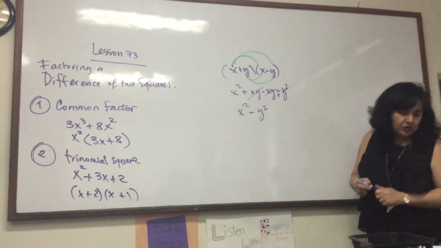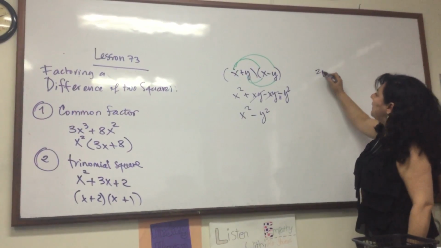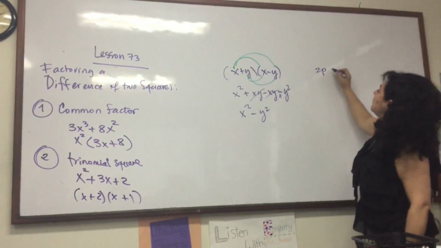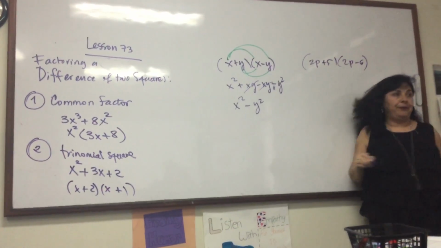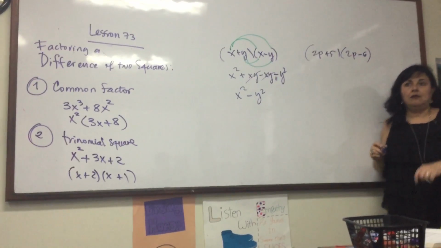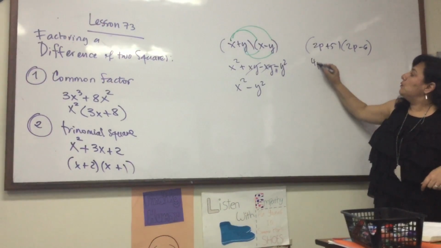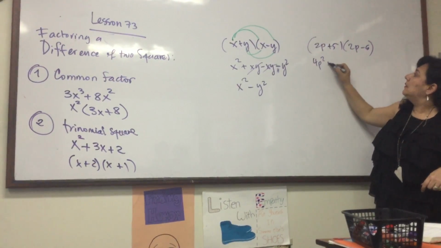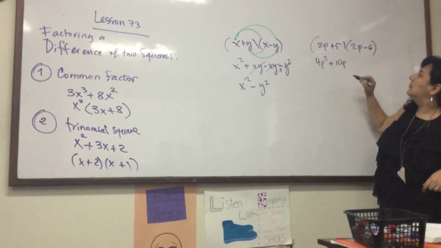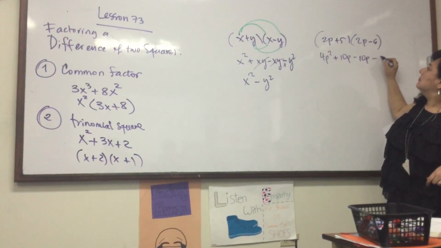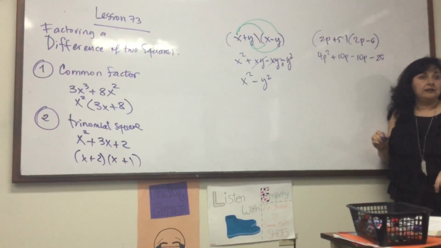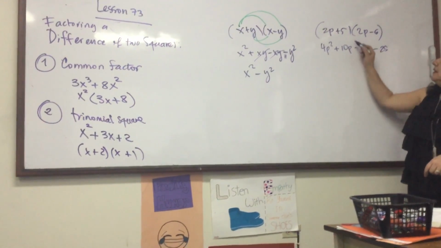It's the same thing. What if I do 2p plus 5 times 2p minus 5? I would get 4p squared plus 10p minus 10p minus 25.